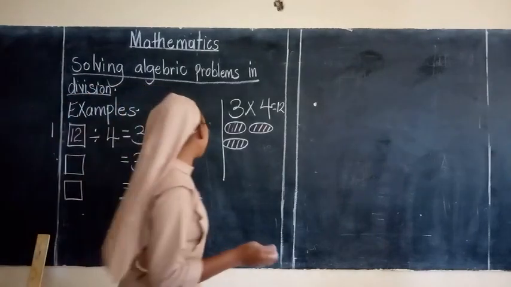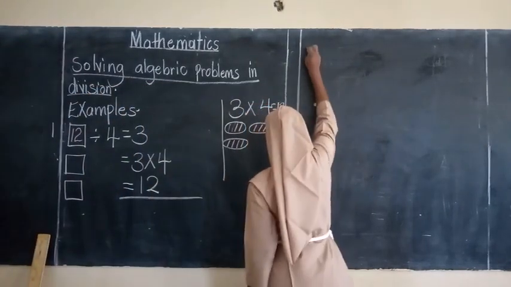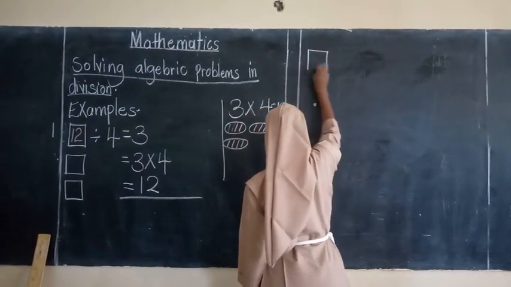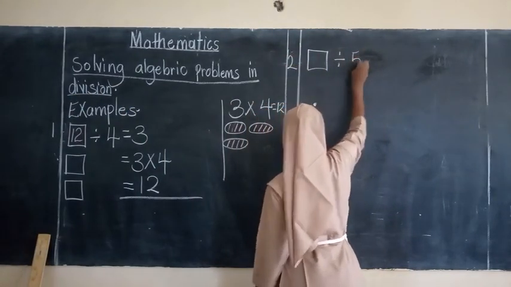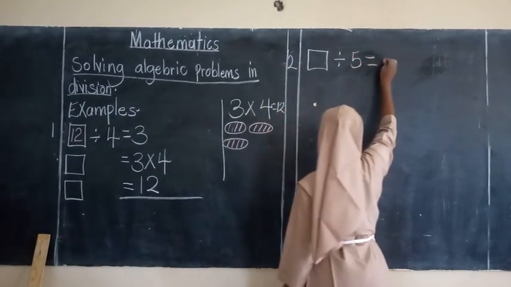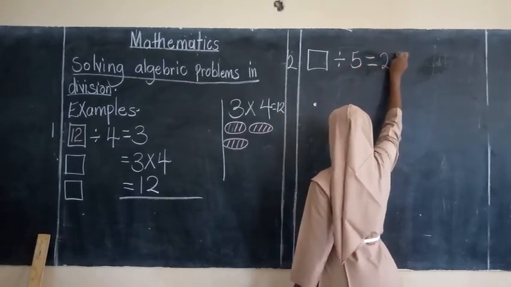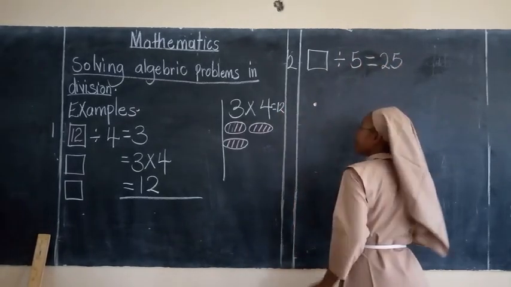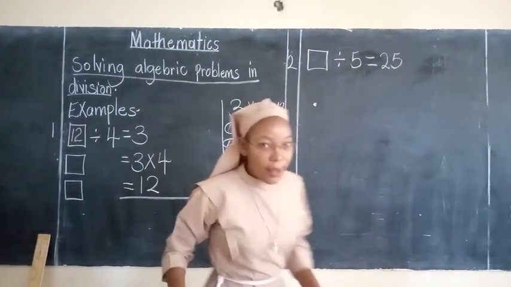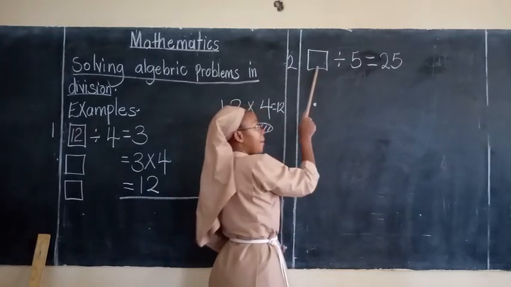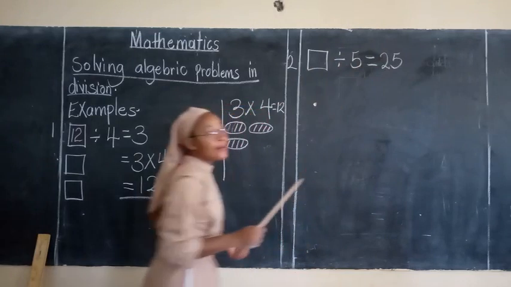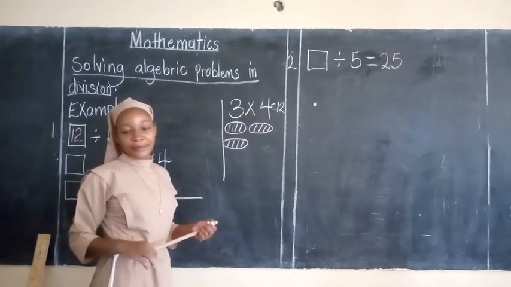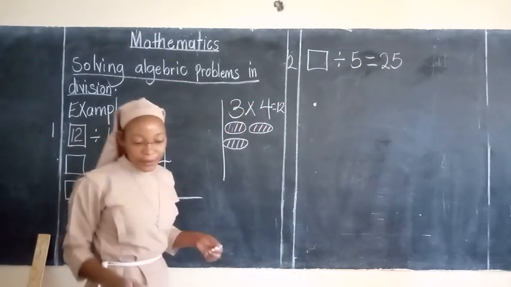I have here box divided by 5 equals 25. Sorry.